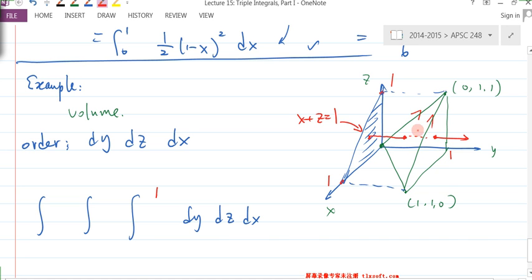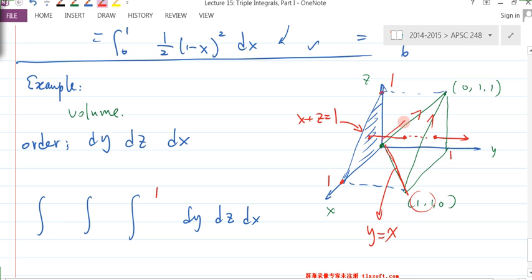Sometimes we look at it through the intersection of this plane with the planes on the side. So first of all, what's the line equation at the bottom here? This line goes through the origin and goes through 1, 1. So the bottom line here is y equal to x.